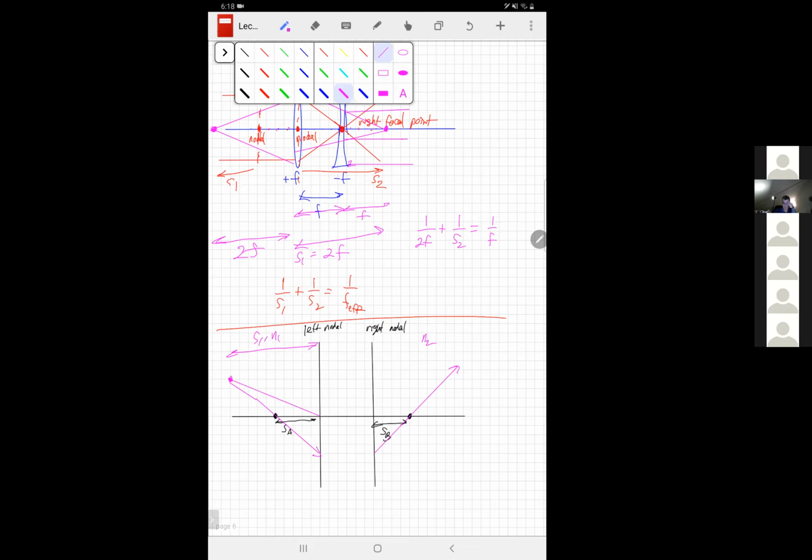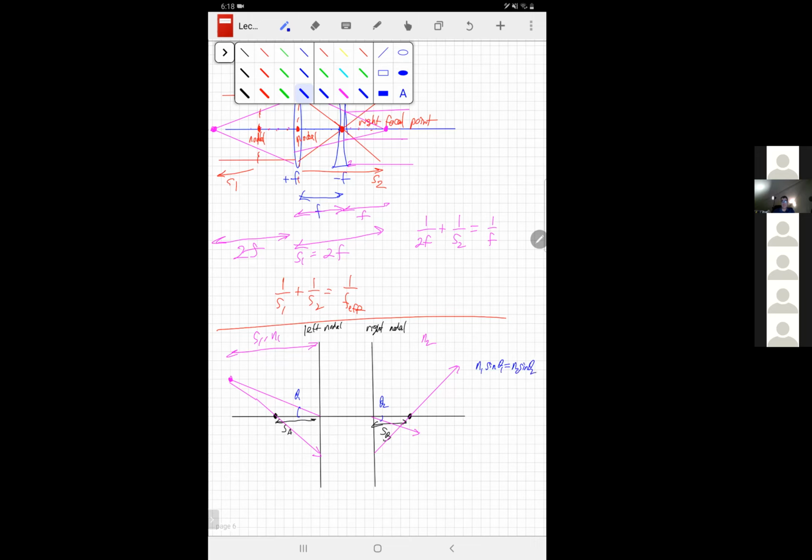If the left and right media have the same refractive index, then the ray coming out of the nodal point will make the same angle. But if they have different refractive indices, then the ray going through the nodal point will make a different angle, given by Snell's law: N1 sine theta 1 equals N2 sine theta 2.